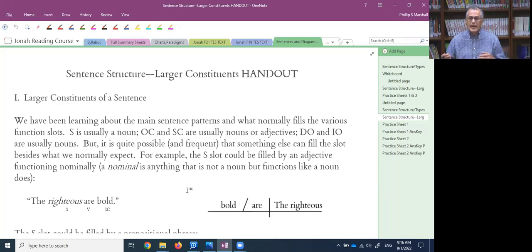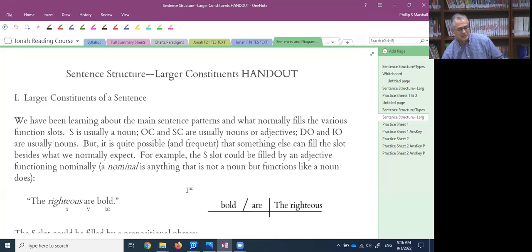What we did in the last handout was we looked at main sentence patterns, the basic ones, what the things were that normally filled the various function slots of subject, verb, indirect object, direct object, object complements, right? So subjects are usually nouns.